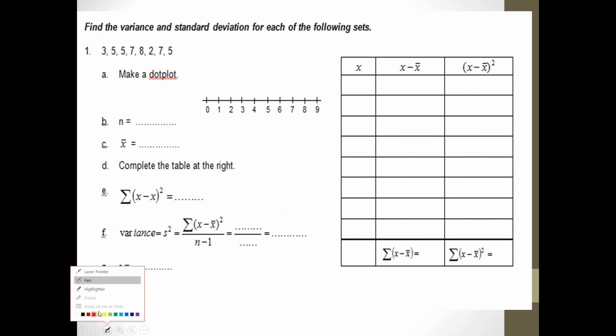Well, that sucked. Not going to rewrite all that. 2.053. So that's my standard deviation, is the 2.053.